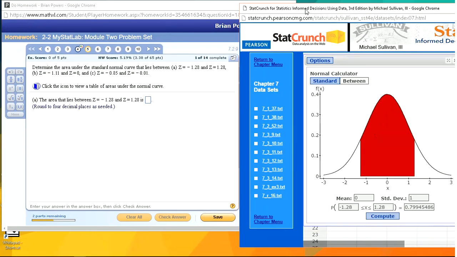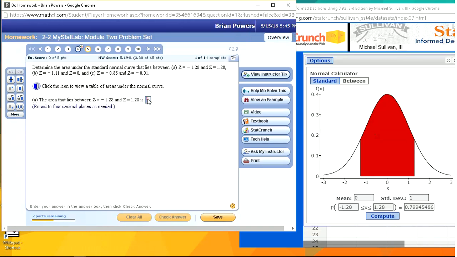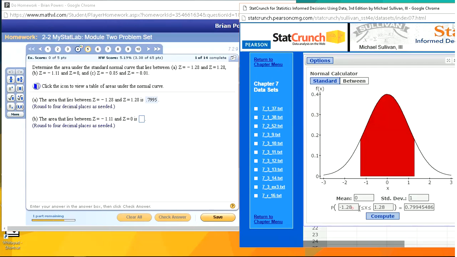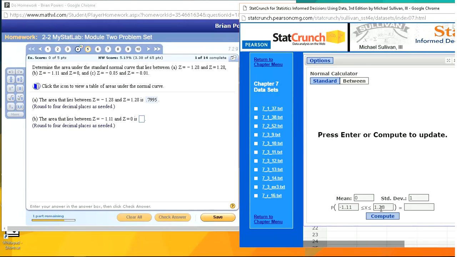Okay, cool. 4 decimal places, 0.7995, rounded up that last decimal place. Okay, between negative 1.11 and Z equals 0.